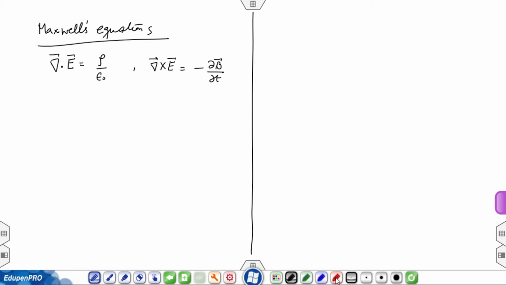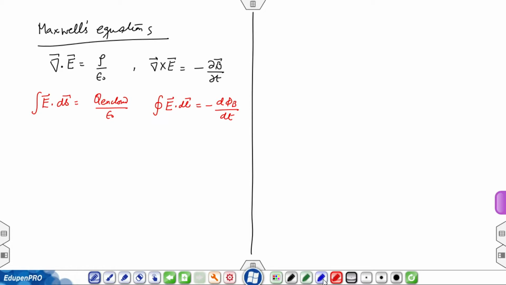The integral forms also, let me write: the integral form is the closed surface integral of E dot ds is q enclosed by epsilon 0, and the integral form of the other one is the integral over a closed path of E dot dl is equal to minus d phi B over dt.